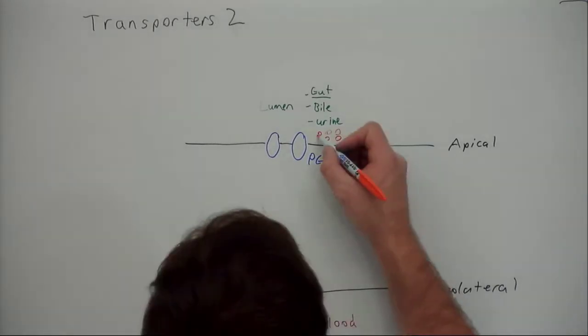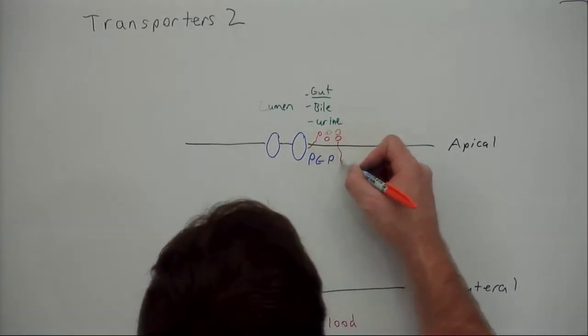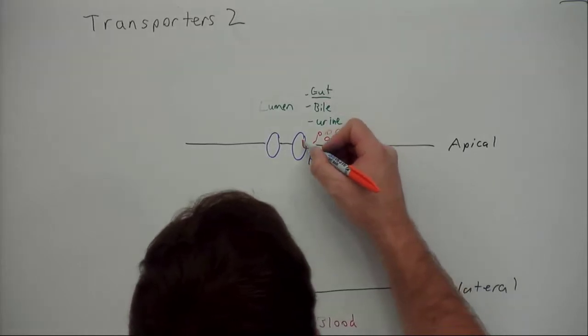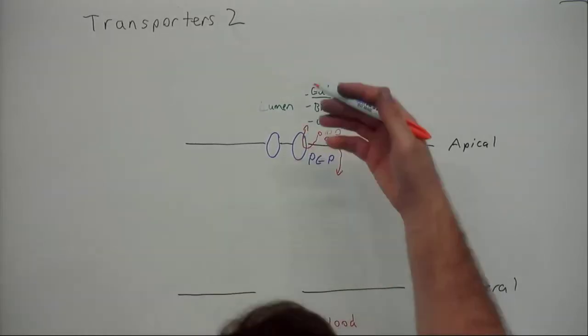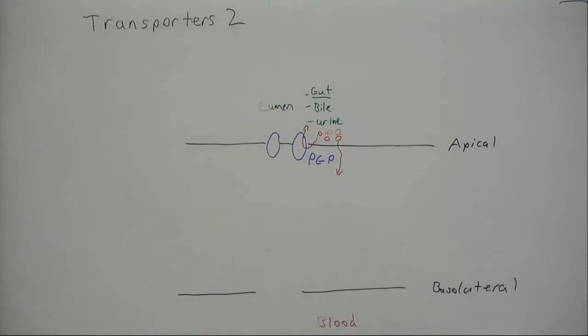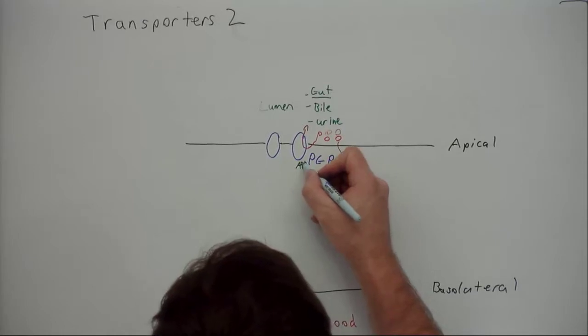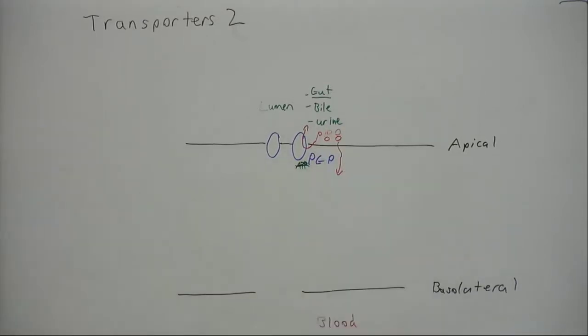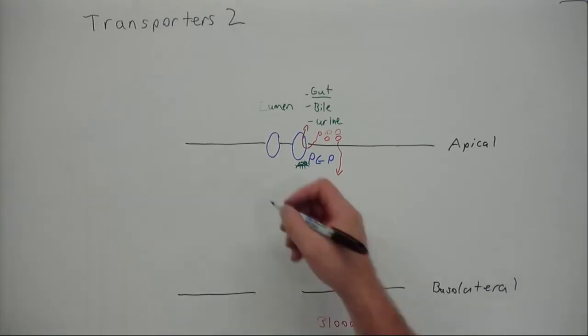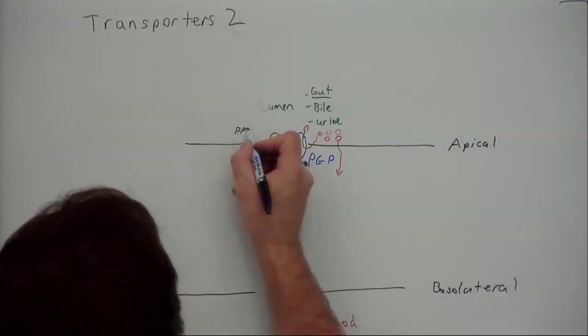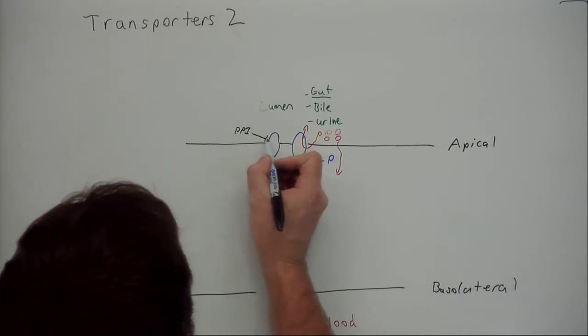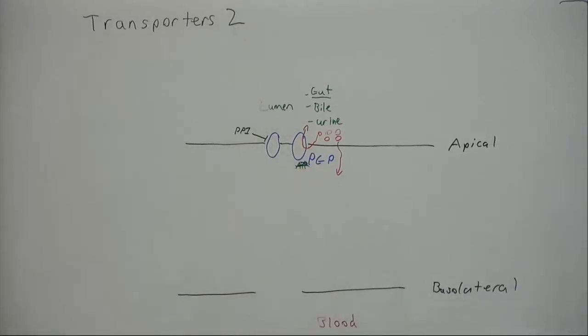So normally, what would happen is, as it enters the cell, some of it would come in, but much of it would reach PGP and be exported using ATP. ATP is hydrolyzed to export it. However, there are certain drugs, like certain PPIs, that can inhibit P-glycoprotein competitively.